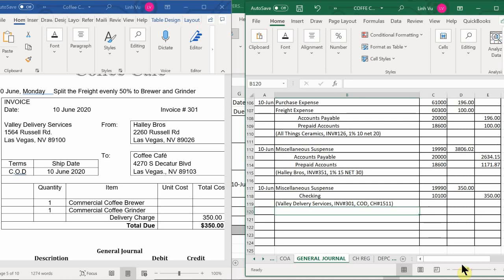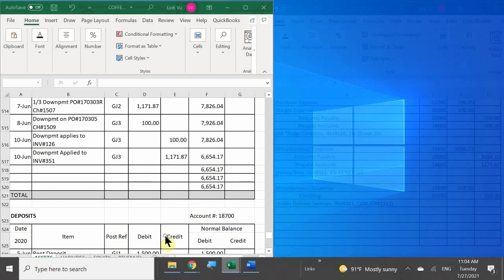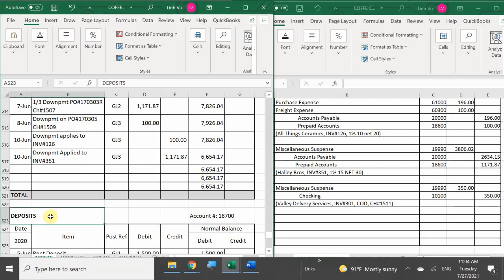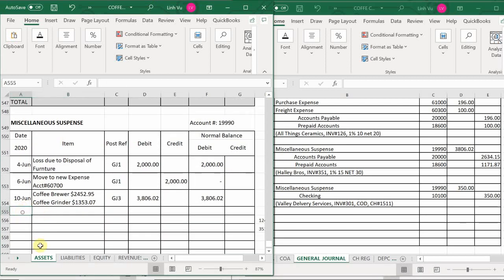So now that we finally have this there, let's record this in our ledger, because now we have an addition to the miscellaneous expense account. So here we are, miscellaneous expense. Again, it's June 20th, $350, 50%.